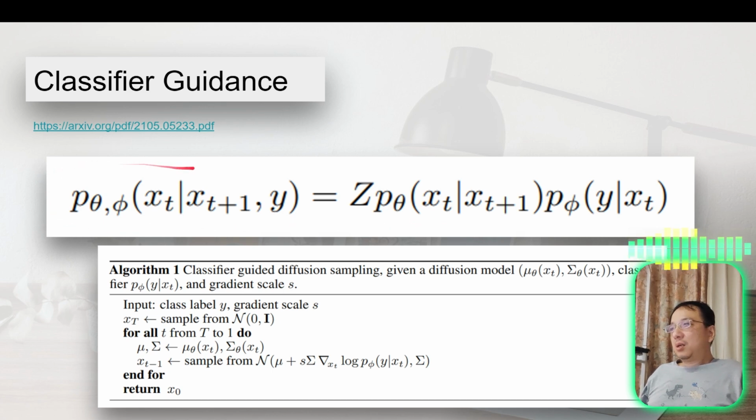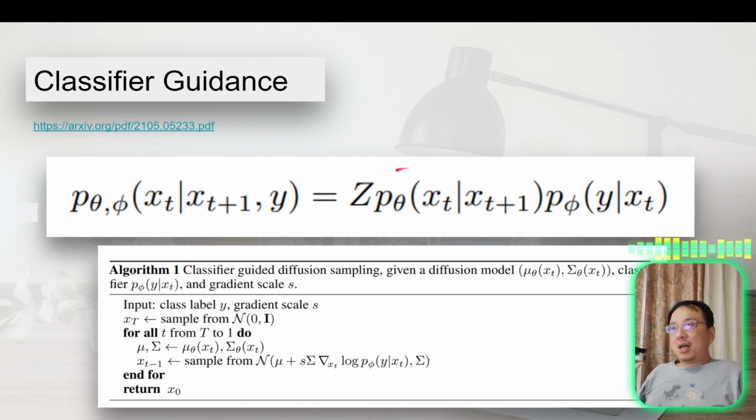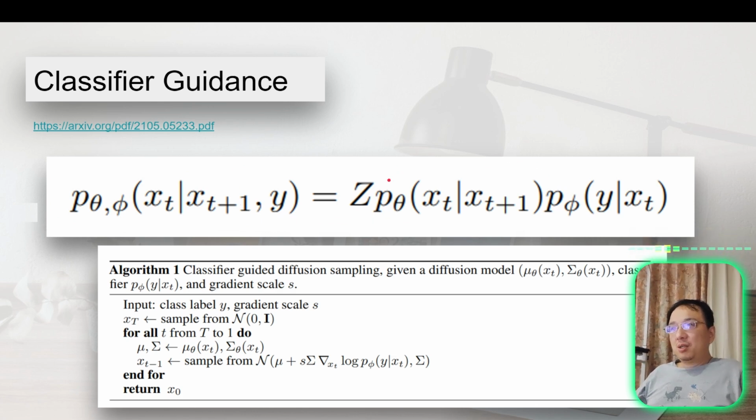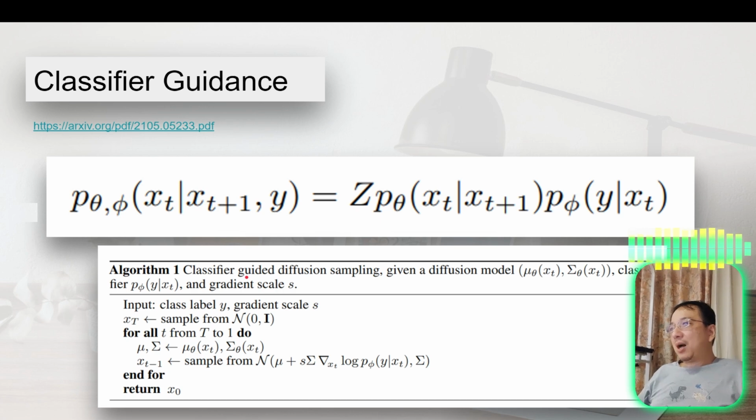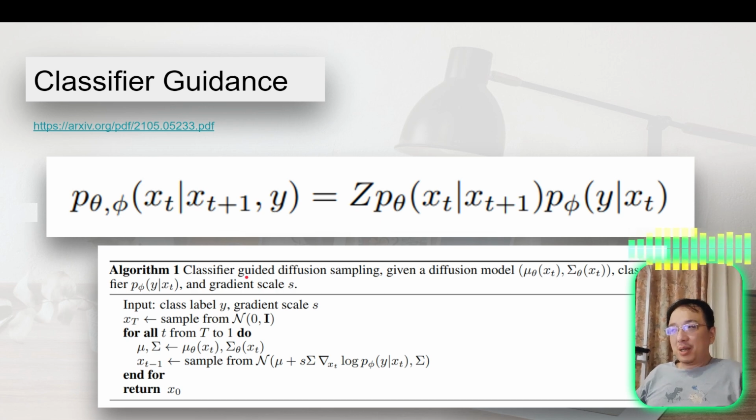Essentially, the conditional probability that we want can be considered as a product of the output of the denoising diffusion model and the output of the classifier. So can we use this formula in our sampling process to get a conditional sampling? That's the idea behind the classifier guidance method.